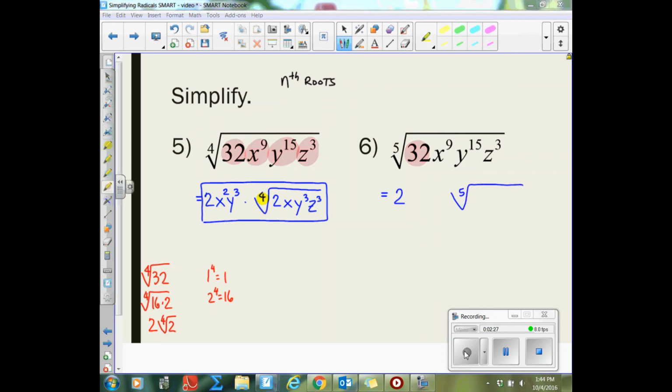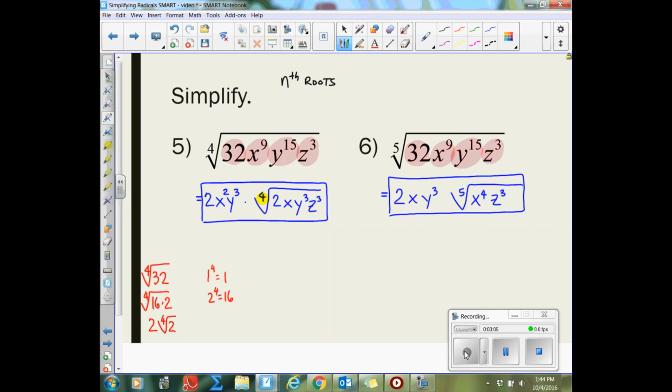Then, 9 factors of x divided by 5 is 1 with 4 left over. 15 factors of y divided by 5 is 3 with none left over. And 3 factors of z divided by 5 would create a fraction. And we're going to do that part tomorrow. So we'll leave those 3 factors of z inside of the radical for today.